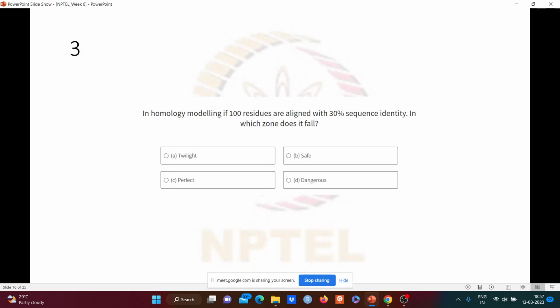Okay, next we'll move on to the homology modeling question. So in homology modeling, if 100 residues are aligned with 30% sequence identity, in which zone does it fall?